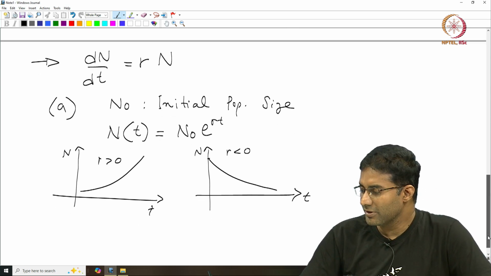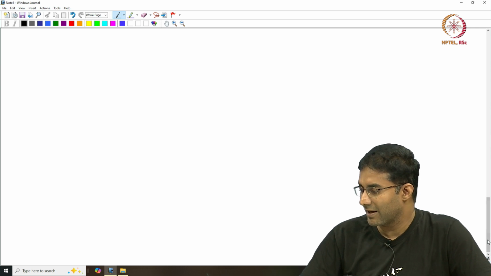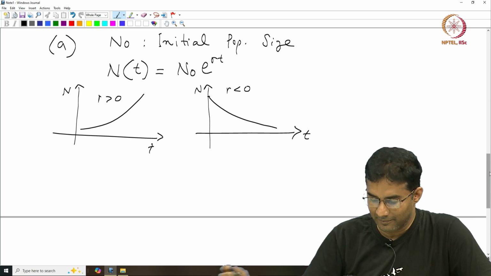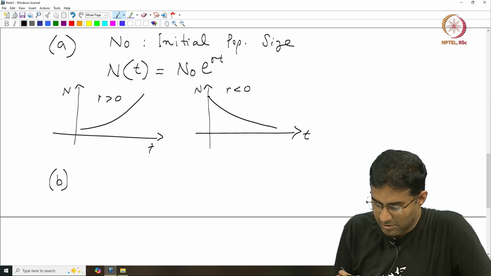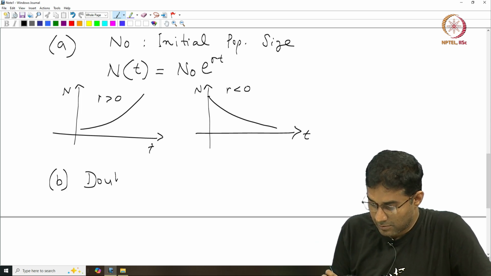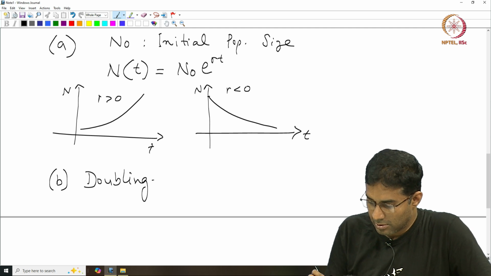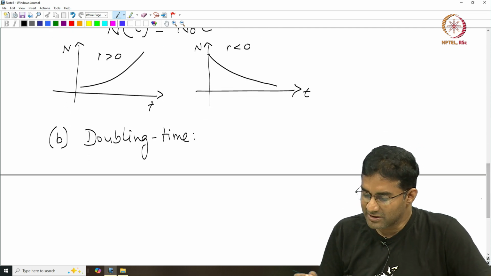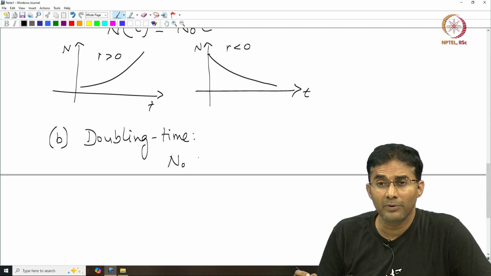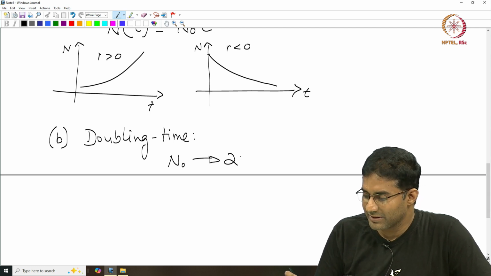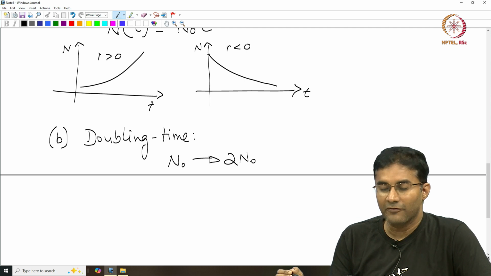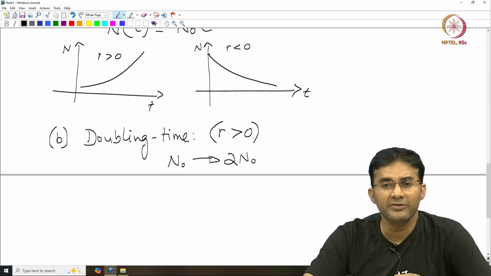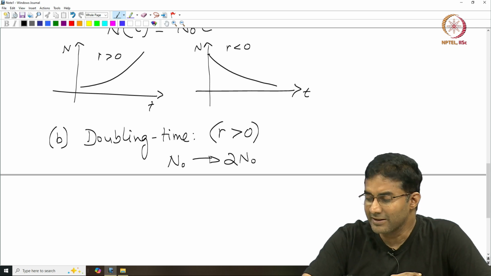Let us now do one more simple calculation to familiarize and understand these concepts better, which is that of doubling time. Okay. So, what does doubling time mean? If we start with a population N0, how long does it take to get to 2N0? Of course, this makes sense only when the per capita growth rate is positive, when the population increases.